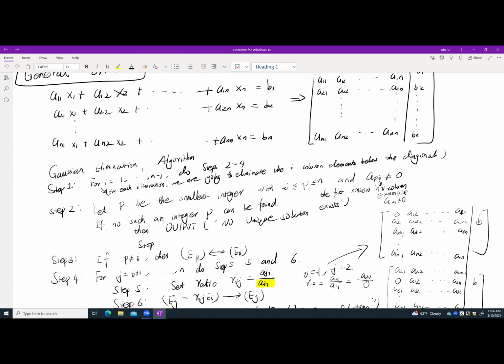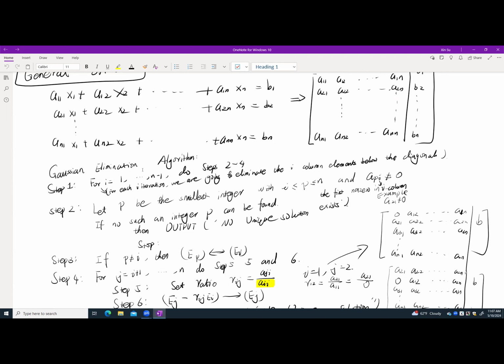For step one, we do n-1 iterations to get the entries below the diagonal to 0. For each iteration, we do steps 2, 3, and 4.